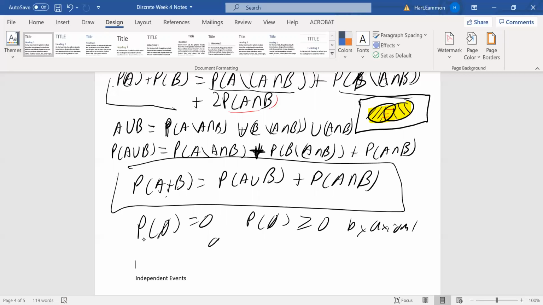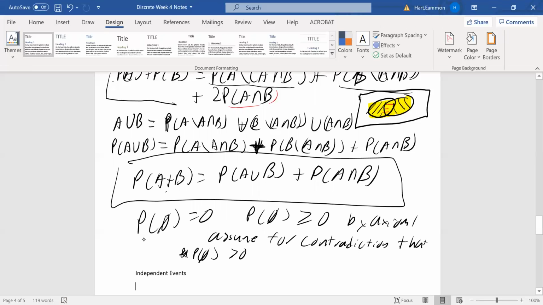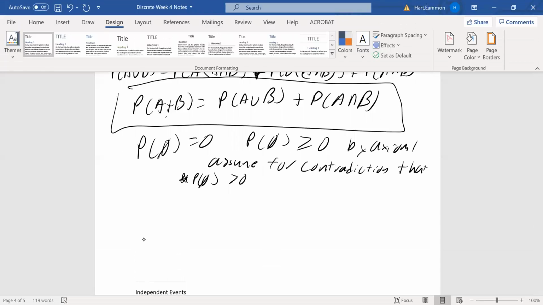Now assume for contradiction that the probability of the null set is strictly greater than 0. If I do that, then there exists a k in the integers such that the probability of the null set is greater than 1 over k.